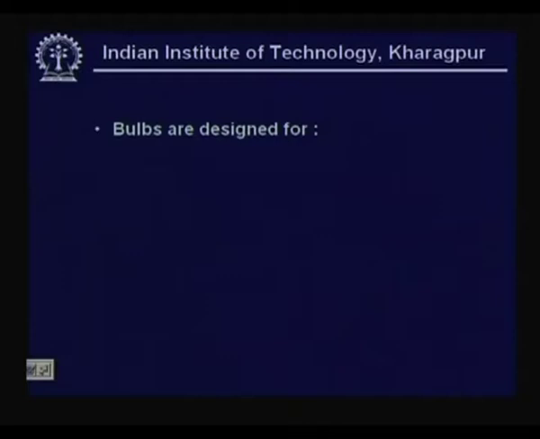Now, keeping all this in mind, we design bulbs. Bulbs, meaning incandescent lamps, are designed for uniform radiation. We would like to have uniform radiation from unit to unit. Supposing a portion of the filament radiates much higher than the other portion, it will again create non-uniform flux output, and then it will not be productive.